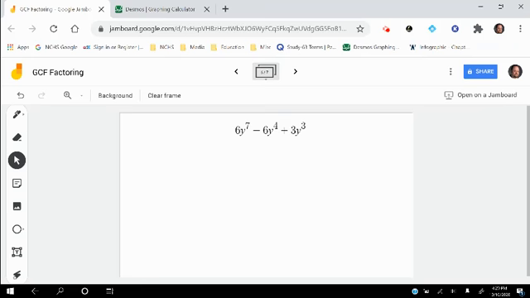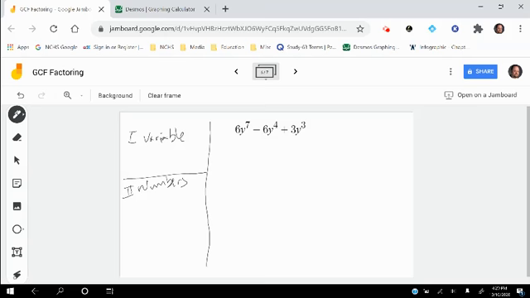Let's look at another one here. So again, I am looking at variables and numbers. Let me sort of split the screen up for you. Okay, so when we look at our terms, we have 6y to the 7th minus 6y to the 4th plus 3y to the 3rd.